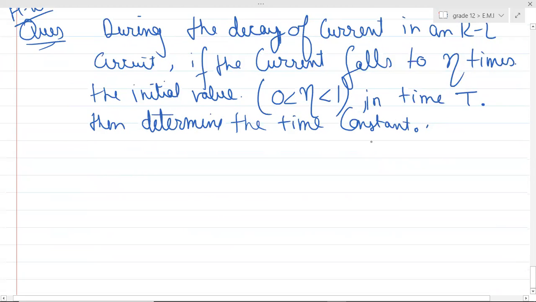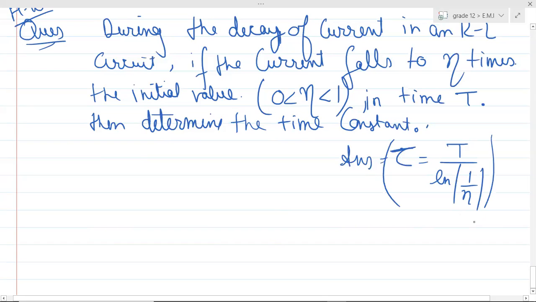The answer should be T equals to something like this. And why I've used mod, so that it will be clear that eta should be between 0 and 1. There's no need to use the mod, but I did.